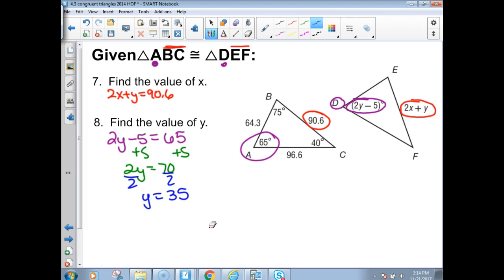All right. Now that I know y is 35, I can go back now and do number 7. 2x plus 35 equals 90.6. So I subtract 35 from both sides, which leaves me with 2x is how big? 55.6.